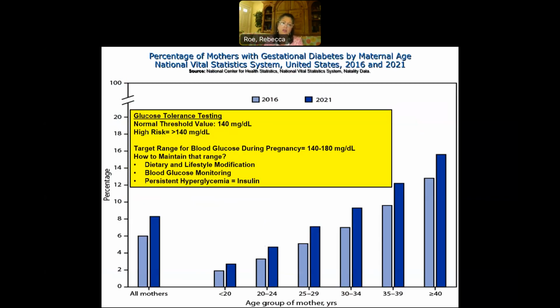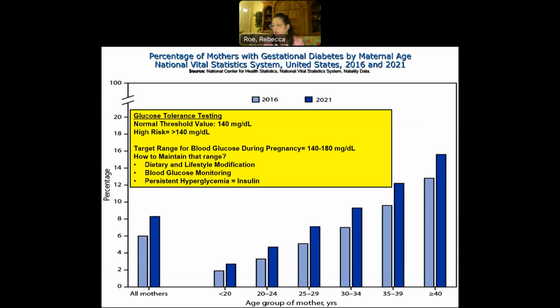And even those that are low risk will probably have a glucose tolerance test now, because there's so many undiagnosed diabetics in the world. So they probably will just do it as a routine. But high risk women should be screened at the first prenatal visit through a glucose tolerance test, and then periodically throughout the pregnancy. So who are these high-risk women?